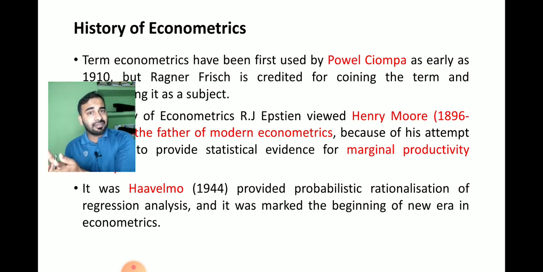But he integrated probability into econometrics, and now probability is a major part of econometrics. Without probability, econometrics may not exist. So it was Haavelmo in 1944 who rationalized the regression model using certain probabilistic ideas. This is also something we have to understand.